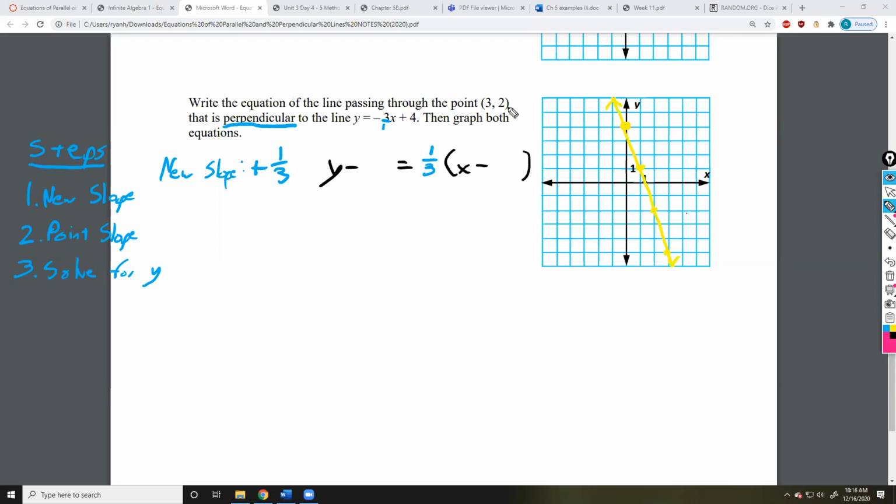And then for our point, y minus the y coordinate here is 2. And then x minus my x coordinate here is 3. So we'll go ahead and distribute that.